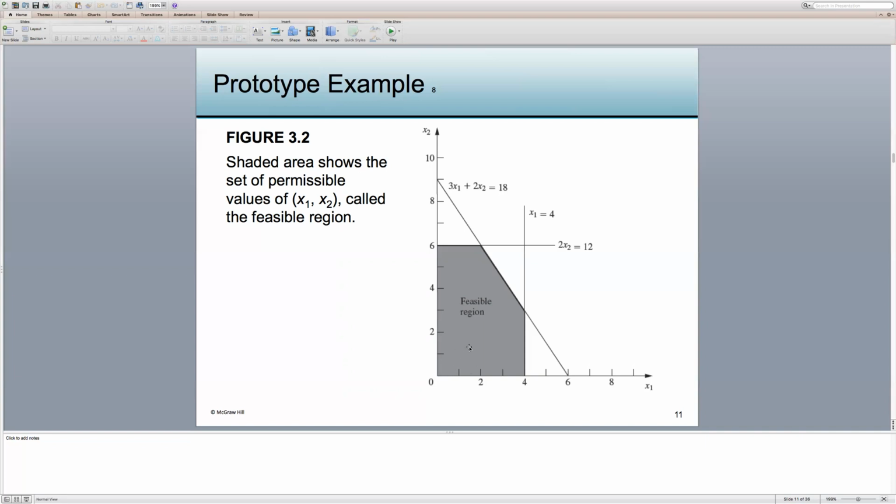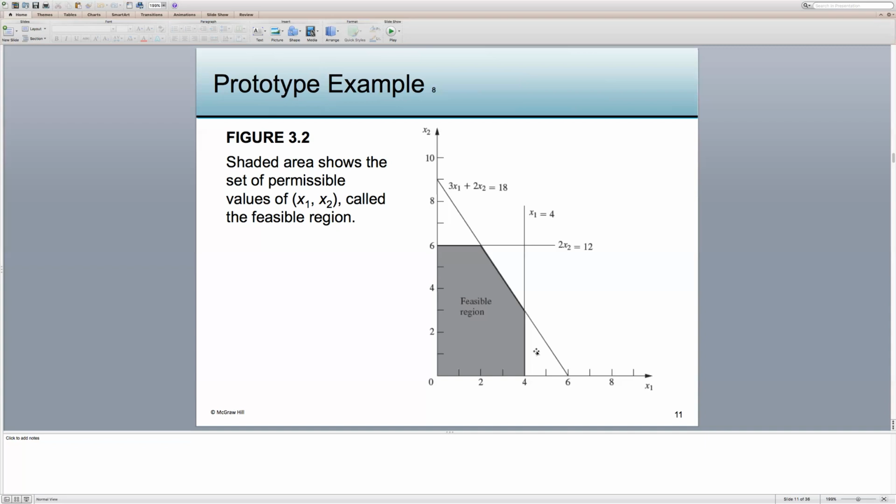x1 is greater than or equal to 0 and less than or equal to 4. x2 is greater than or equal to 0 and less than or equal to 6. And x1 and x2 together satisfy this inequality, so the most 3x1 plus 2x2 can be is 18. This is a straight line. If you graph it, you have to know the slope-intercept formula for the line.